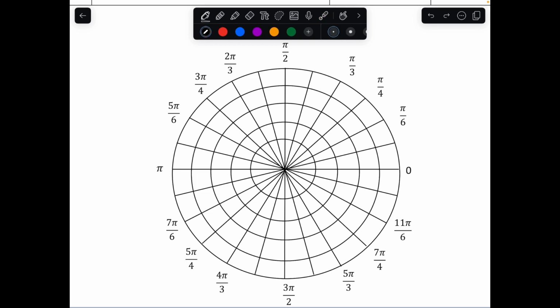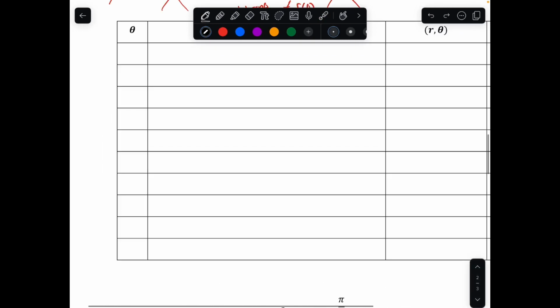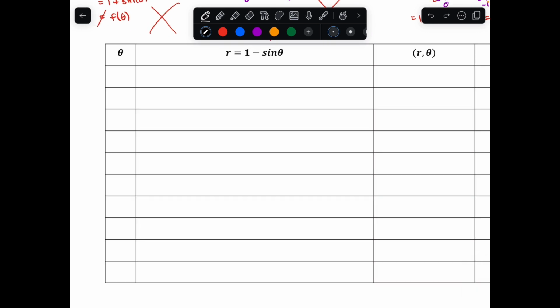So, let's write some of these angles in first. So, we have the angle 0, and then pi over 6, and then pi over 4, then pi thirds, and then finally pi halves. So then I've reached the top part of the circle, and I'm going to skip that whole entire left side, and I'm going to go all the way down to the bottom, which is 3 pi halves, and I'm going to make my way back up to 0.